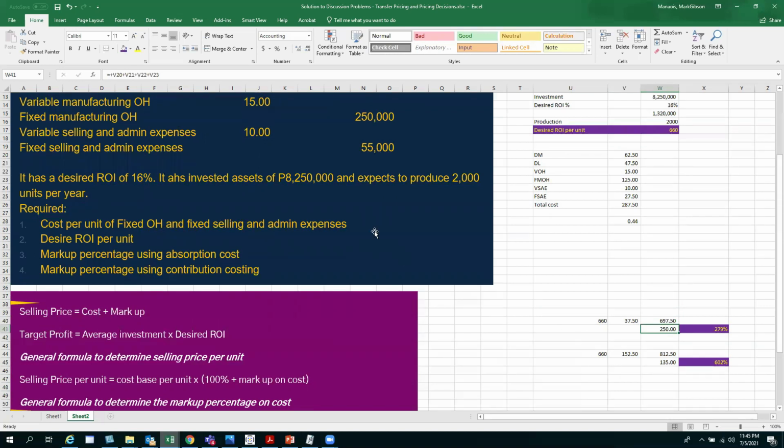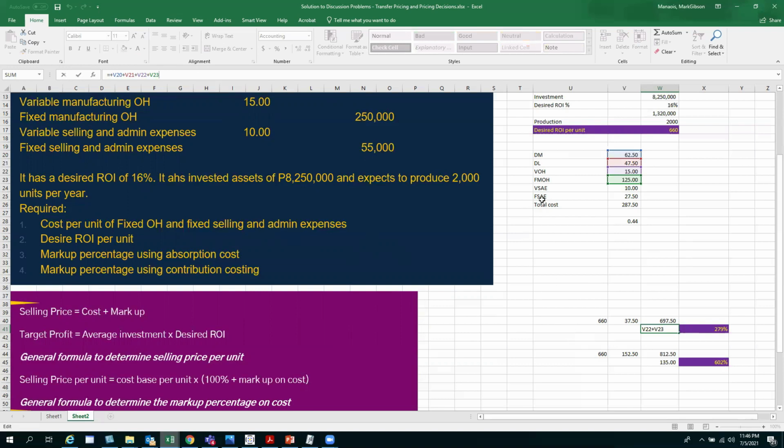No? Base cost would be your manufacturing cost. So, you have your direct material, your direct labor, and the overhead. Again, in absorption costing, hindi naman kasi natin dinidistinguish between fixed and variable. So, in absorption costing, pag sinabi nating manufacturing cost, included lahat siya as your manufacturing cost.